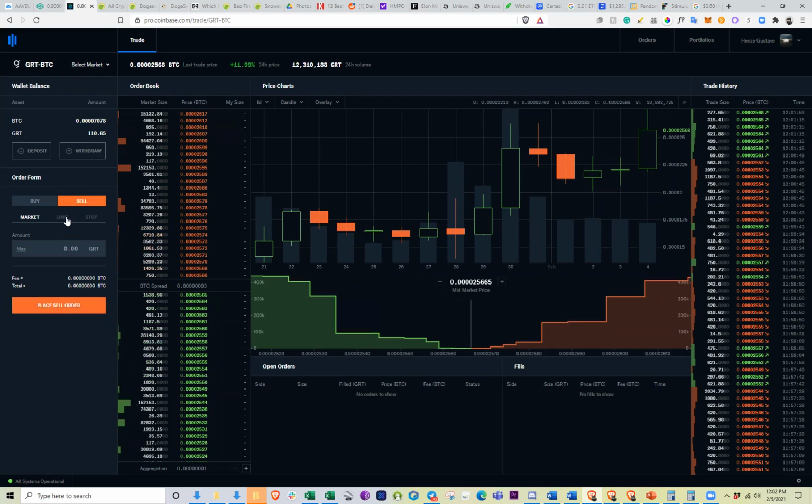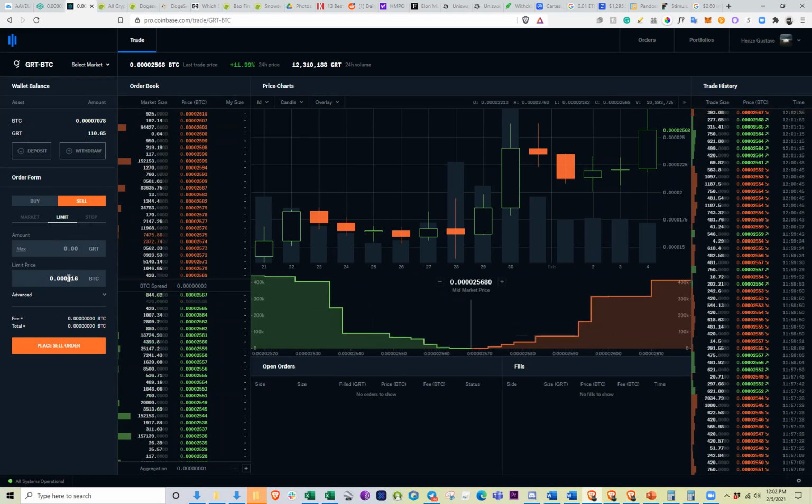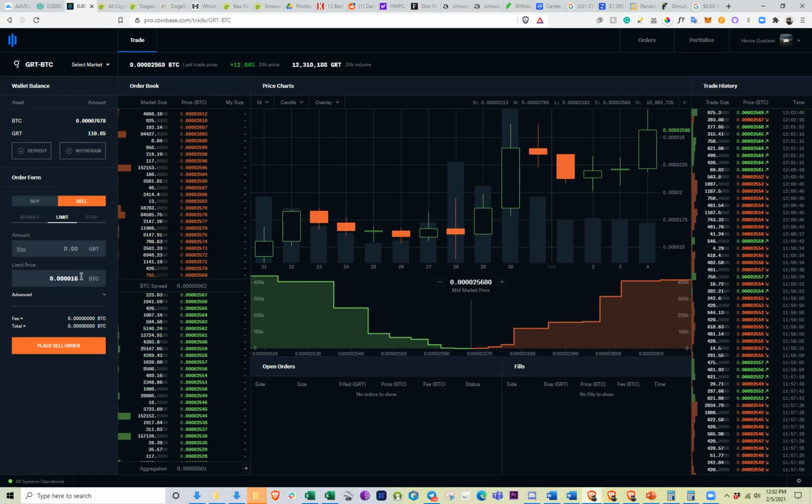So we're going to hit sell. We're going to hit limit. This price here that I have, 0.000016, that's the price that I entered at.